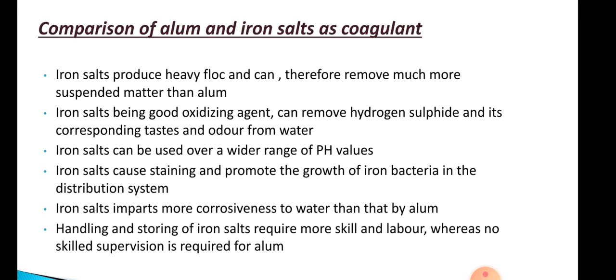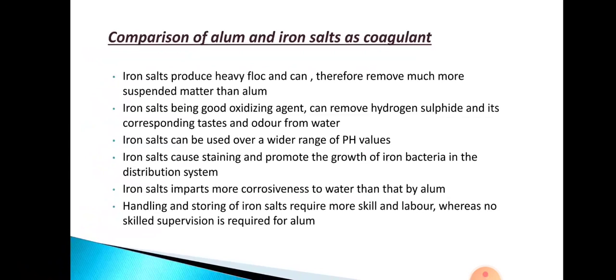And as we all know, iron can lead to corrosion, so iron salts will impart more corrosiveness to water compared to alum. Finally, handling and storing of iron salts requires more skill and labor, whereas no skilled supervision is required for handling alum. So this is a comparison of alum and iron salts when used as a coagulant.